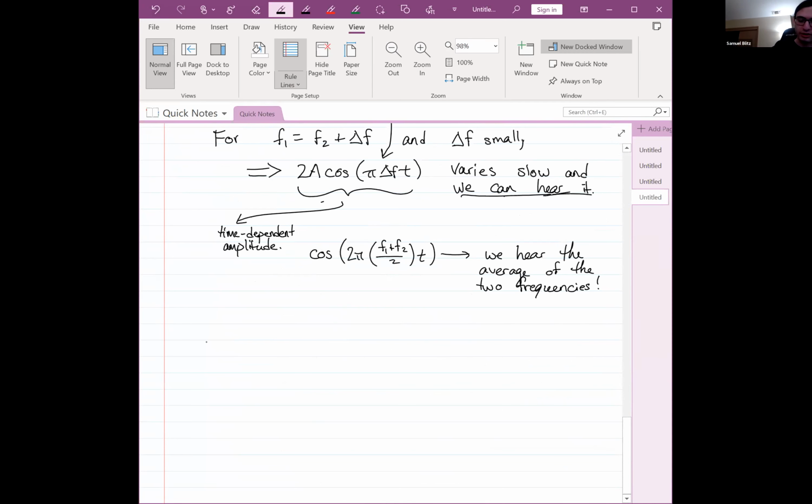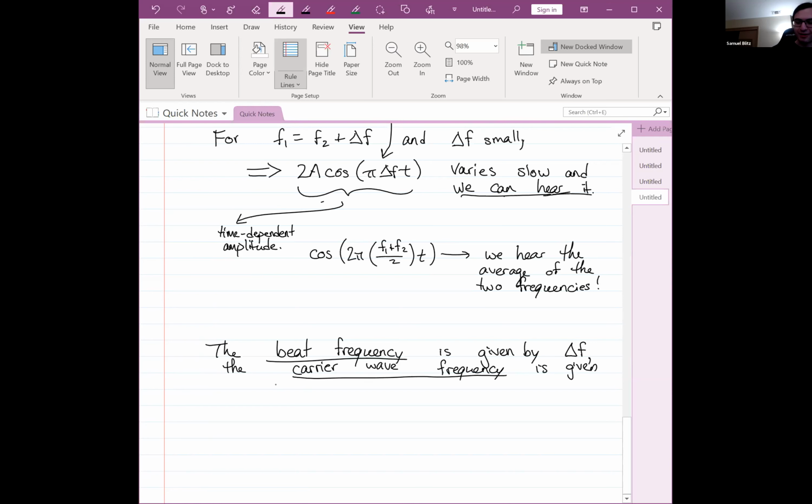And so the beat frequency, and this is important, so I should write it down. The beat frequency, i.e. how often you hear those loud and quiet parts, is given by delta f. And the carrier wave frequency, the frequency that the beats are riding on, is given by the average of the two frequencies.